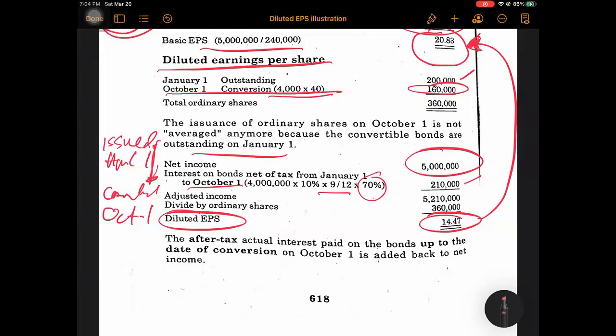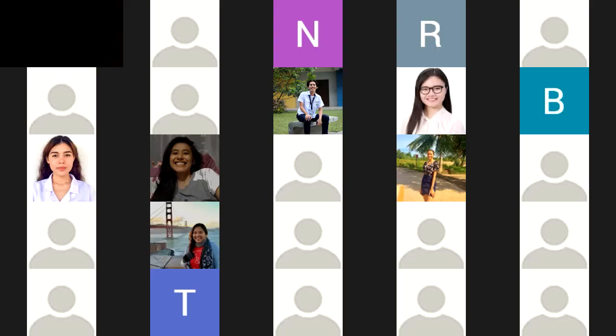How about the others? Okay, I hope masabtan na siya. Medyo dili pa ka, kaya kay isa-isa pa man ta, per type pa siya, per type of potential ordinary shares. Okay, so I guess nasabtan man. So yes sir man yung mga tubag.